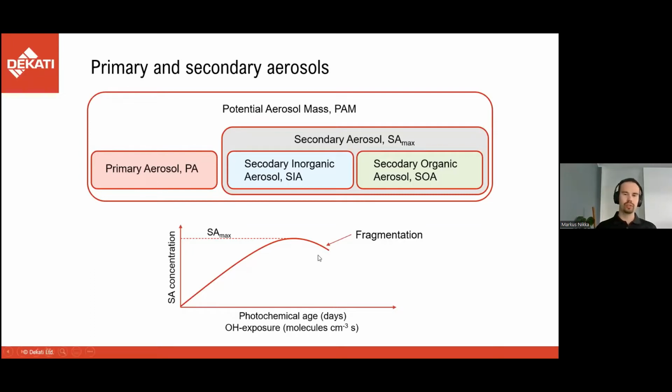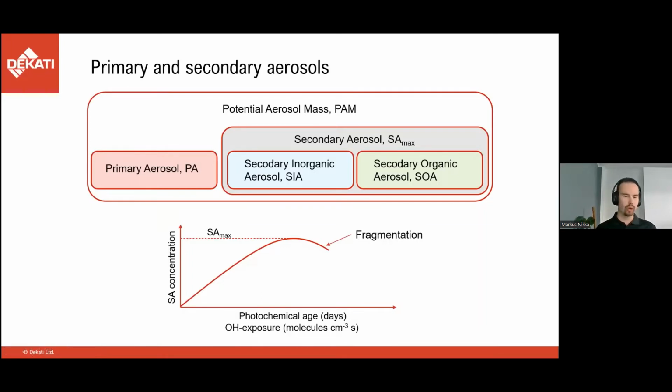So it includes the primary aerosol and the maximum of secondary aerosol. The secondary aerosol, both inorganic and organic, has a tendency to increase in mass concentration as a function of the aging time.